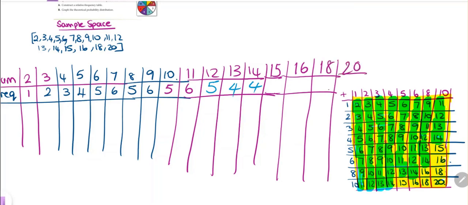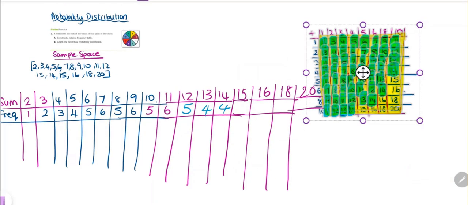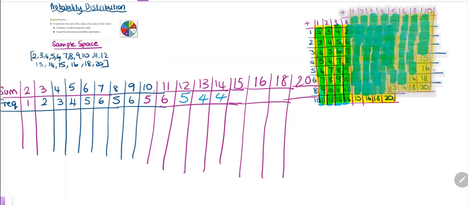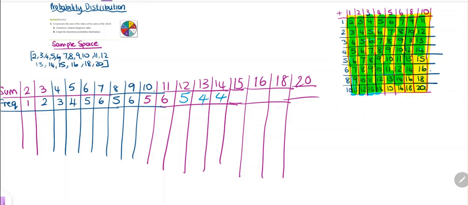So we need to move this a little bit more. Let's move it up here. Okay, so 15, we've got 2 15s.